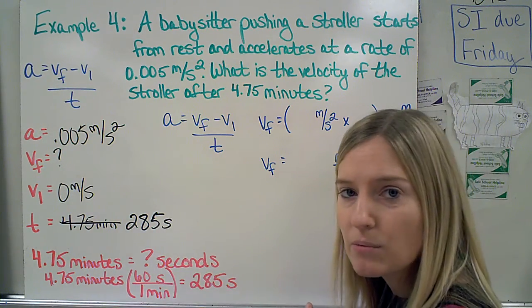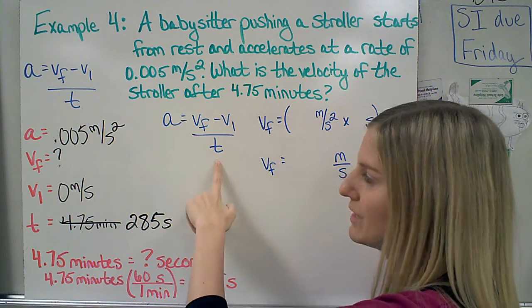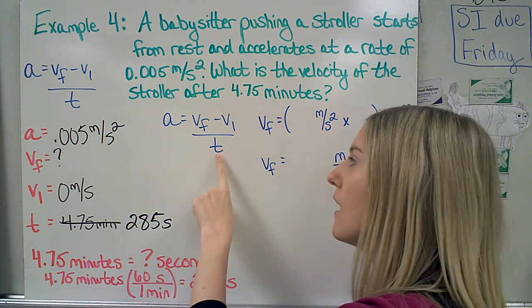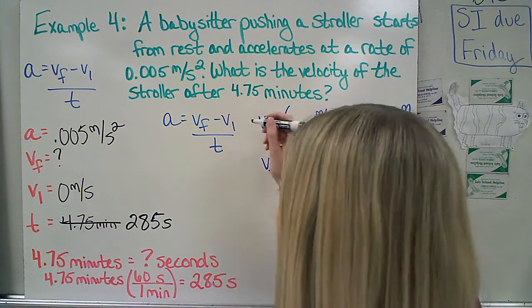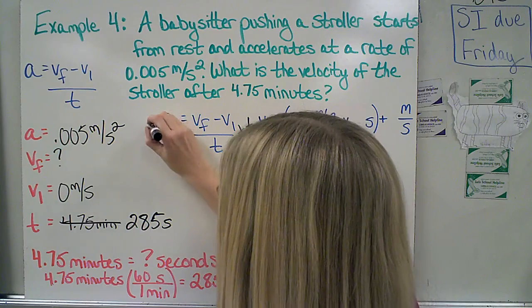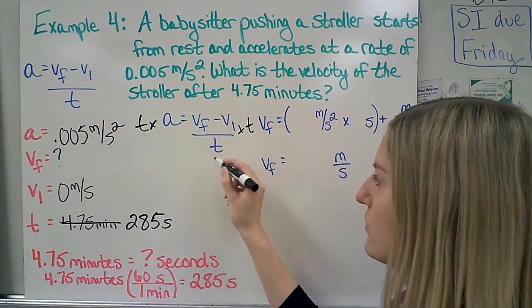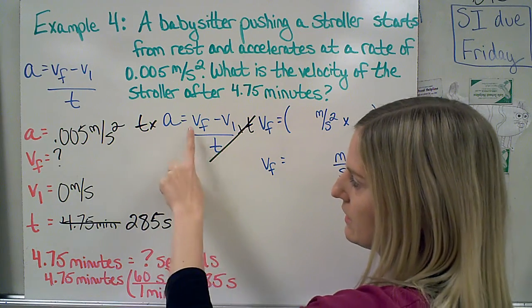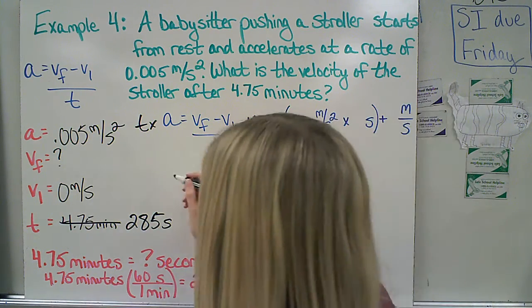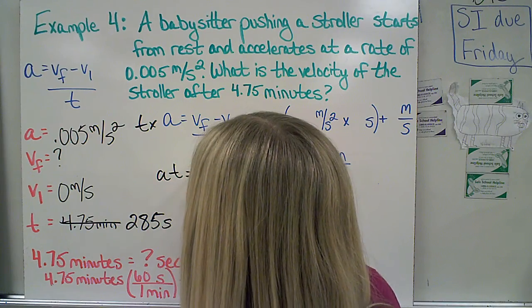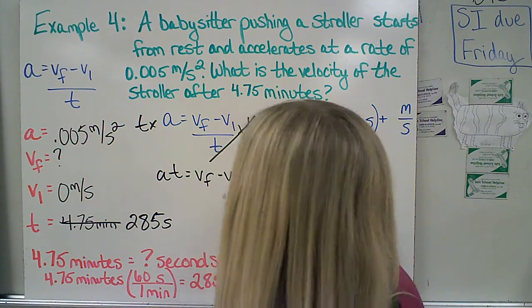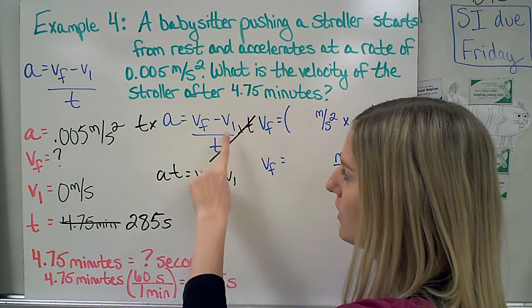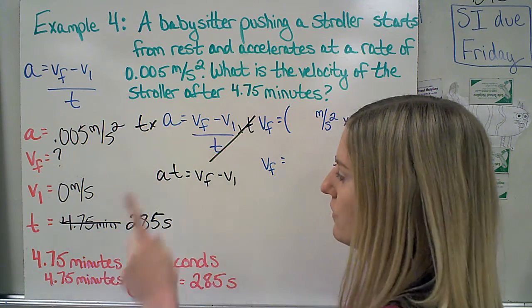Starting out with the same step we just had. Whenever I have a fraction, I want to get rid of that because fractions make things messy. So I multiply both sides by t. By doing that, I have t over t, which equals 1. So now I have a times t equals vf minus vi. That looks familiar. But this time, I'm solving for vf.